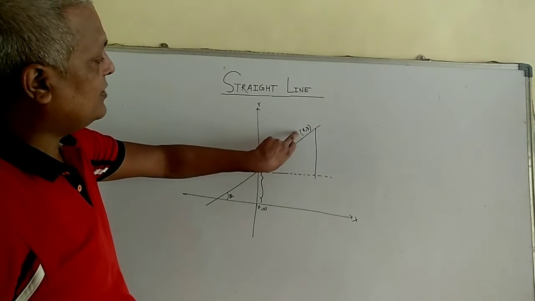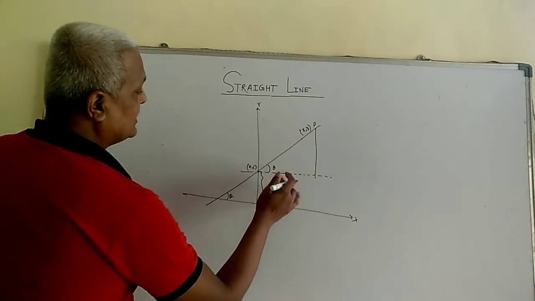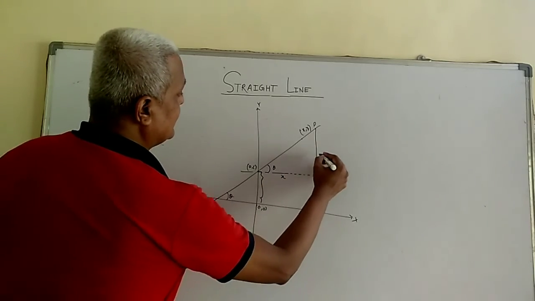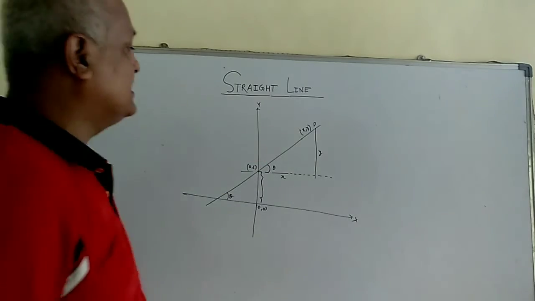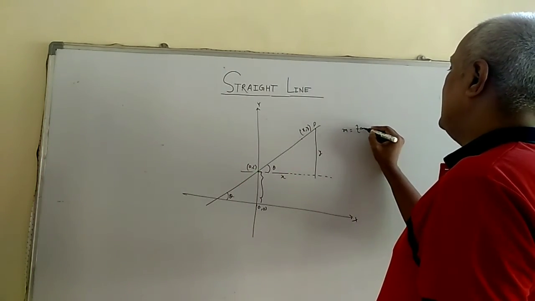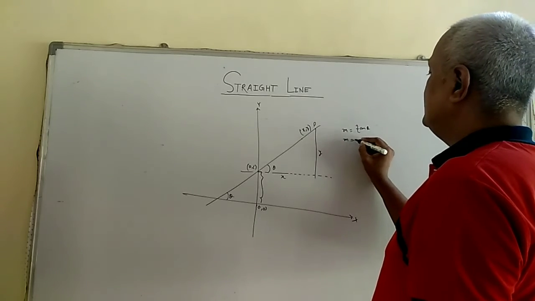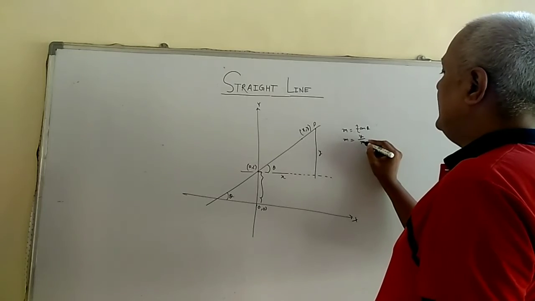I remove this one and I write P here. So here you know that this distance we can call x and this is y. So what is the slope? Slope is the tangent of theta. So m is tan theta, and m is opposite upon adjacent, that is y upon x.